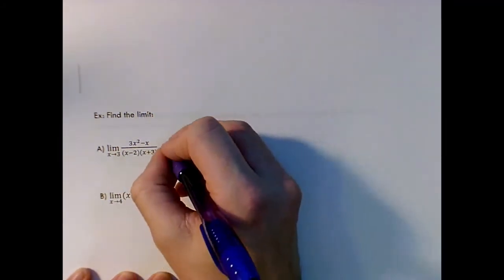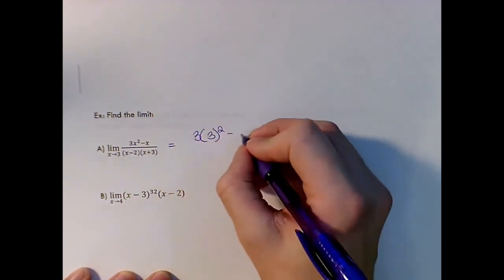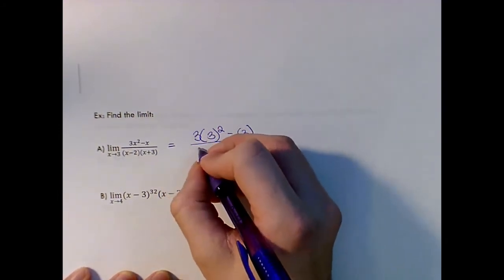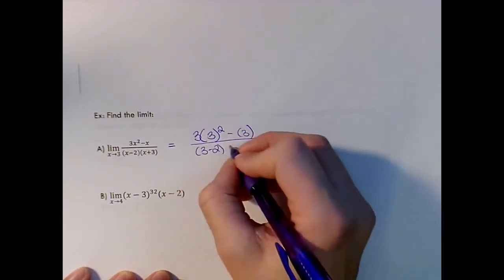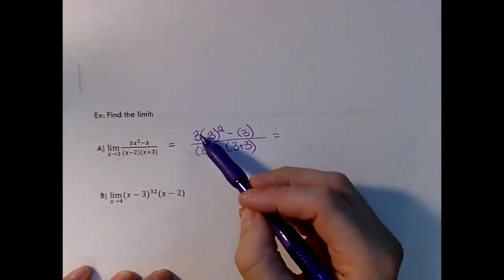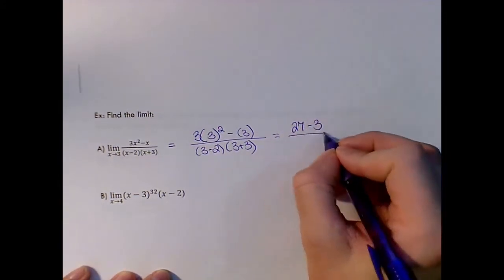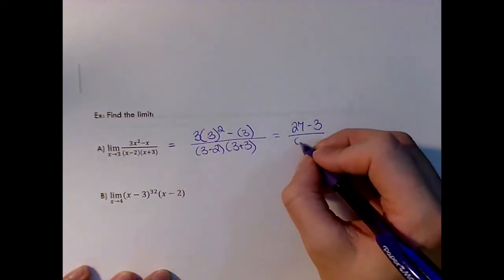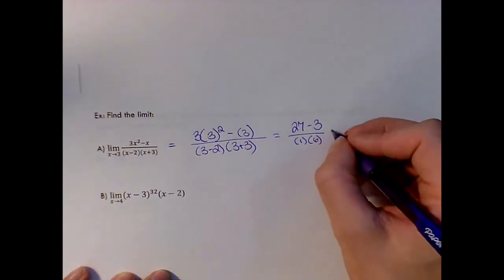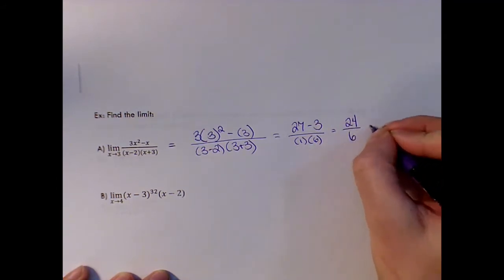So let's just plug it in. 3 times 3 squared minus 3, over 3 minus 2 times 3 plus 3. 3 squared is 9 times 3 is 27. 27 minus 3 is 24. 3 minus 2 is 1. 3 plus 3 is 6. 24 over 6 is 4.